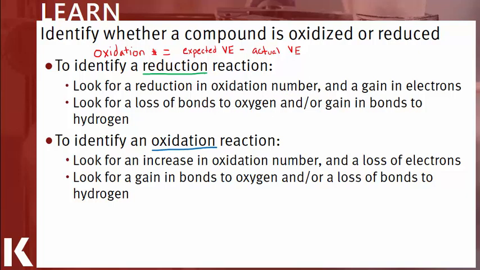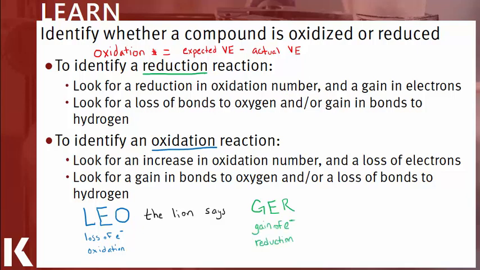Recall that oxidation number is a way to track electrons. So if the oxidation number is increasing, it means that the atom is losing electrons. Remember, Leo the lion says GER, where LEO stands for loss of electrons, oxidation, and the GER, which symbolizes the sound a lion makes when roaring, is to remind you that a gain of electrons is reduction.